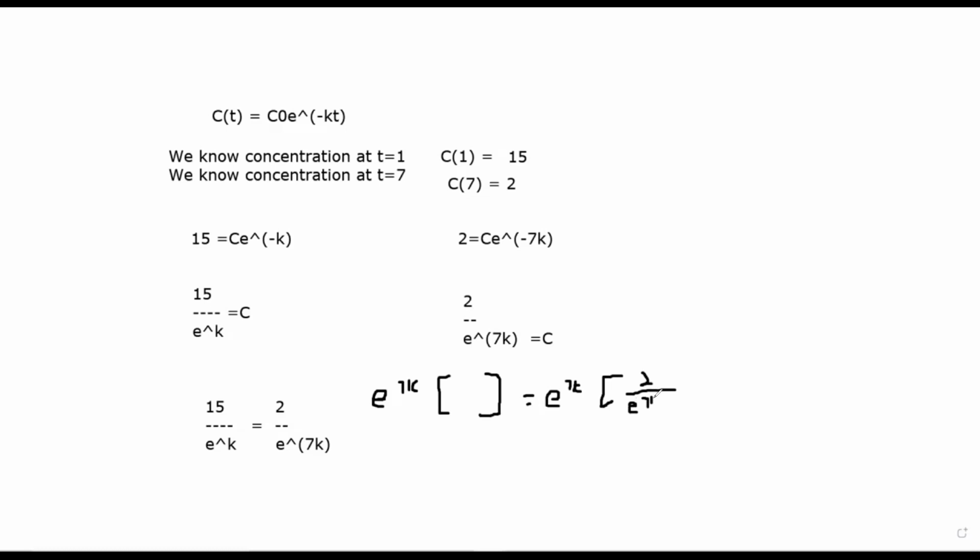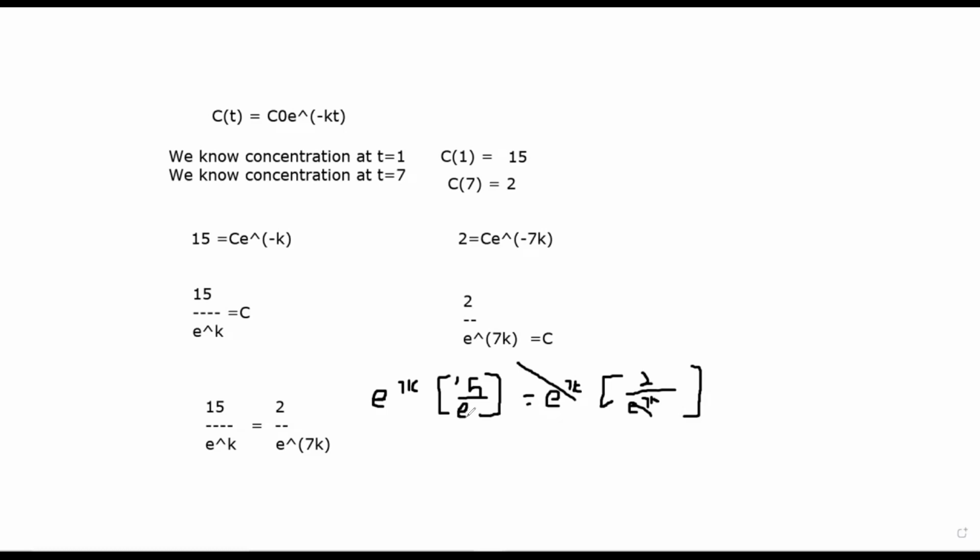So this is 7k. Now what happens here is this drops out entirely, right? And we just have a 2 over here. But now on this side, we get 15. This is 15. And this is where your exponents come in. So this is 15 over e to the k power, right?